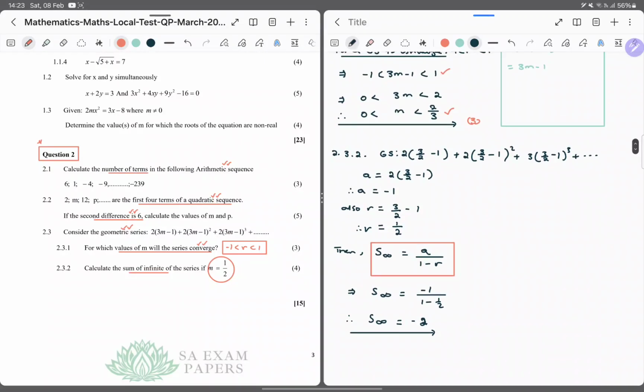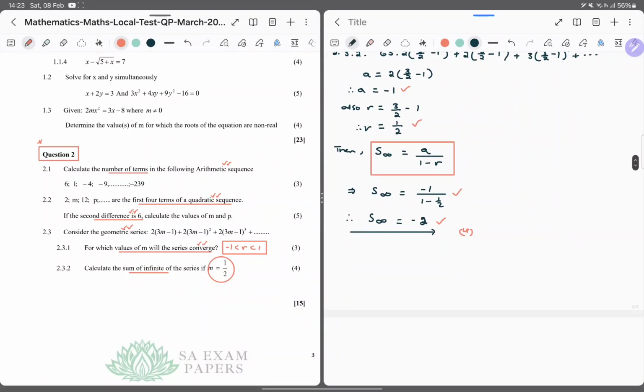Right. Now let's go. Finding the a value, finding the actual r value, correct substitutions into a structure, and an answer gives us the 4 marks. Very easy, guys. And that's the total of, essentially, easy 15 marks.